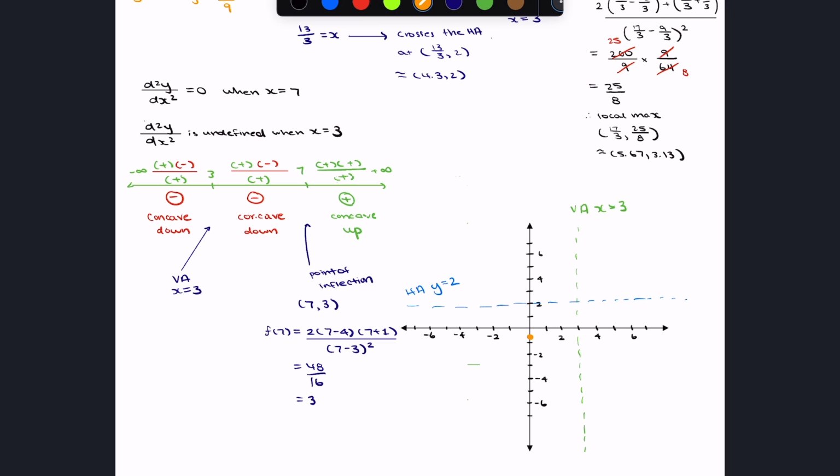We know that we have a couple of x-intercepts, one at -1. So we have -1 and 0, and we have another one at 4 and 0. Those are indicated there. So let me just actually label these.